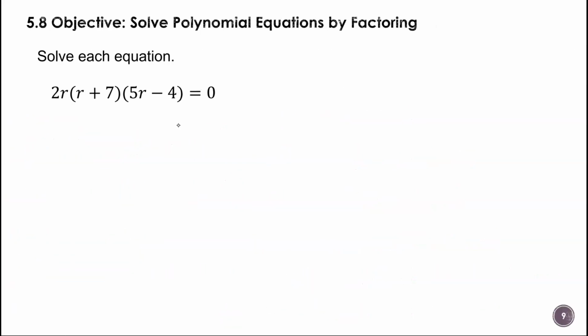Okay, so on this one it's already in factored form. So we're going to set each of the factors equal to 0. So 2r equals 0 or r plus 7 equals 0 or 5r minus 4 equals 0. So now we solve each of these for r.